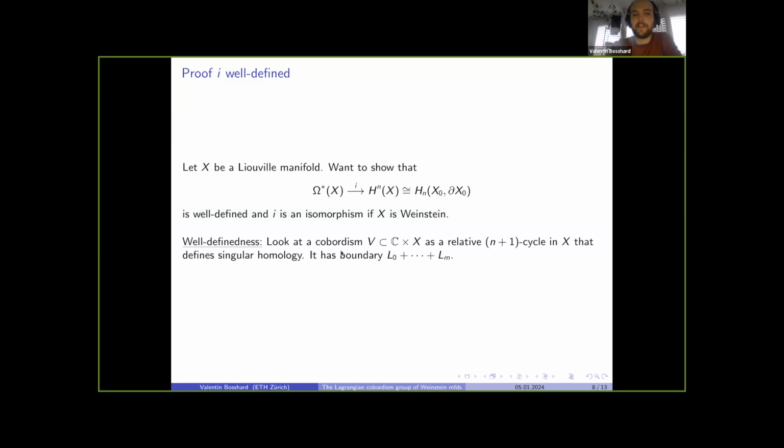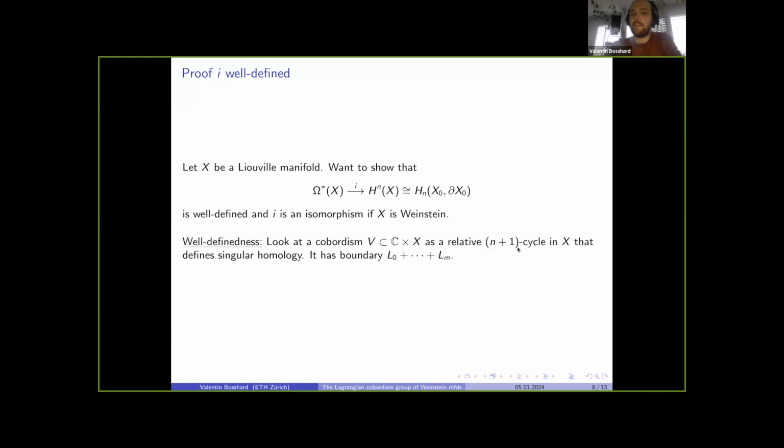This map exists because we need to prove that if you have a Lagrangian cobordism, because this defines a relation in this group, it also gives me a relation in, let's say, relative homology. And the argument is the following: the Lagrangian cobordism, you can just look at it as a relative n+1 cycle in X by just projecting V to the X part.